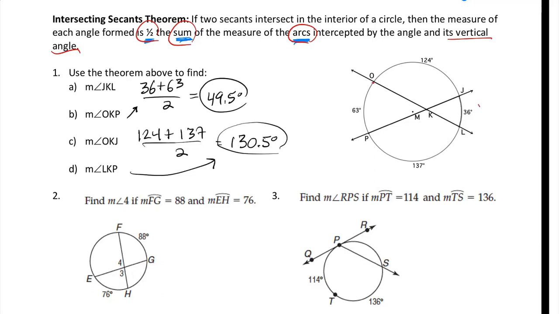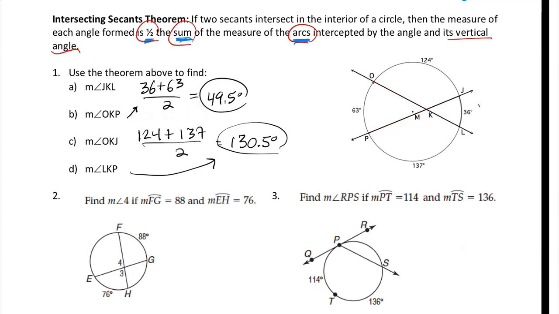And we're back. To find JKL, you would take the sum of the arcs that are created and divide by 2. I got 49.5. OKP is a vertical angle with that, and you're going to have the same calculations, so that answer is the same as before, 49.5.